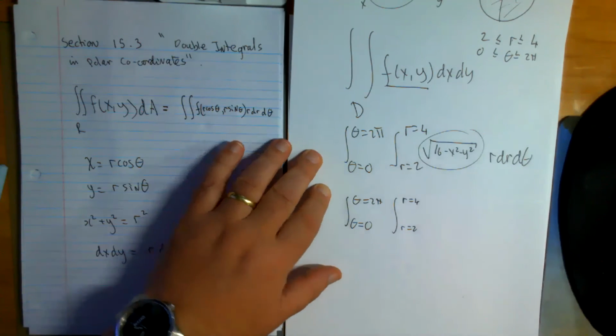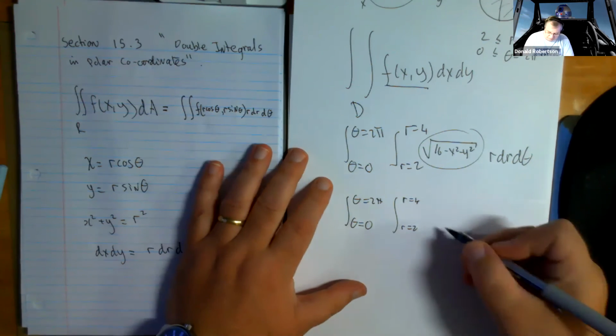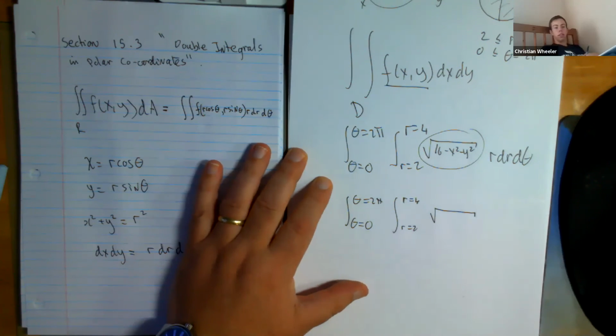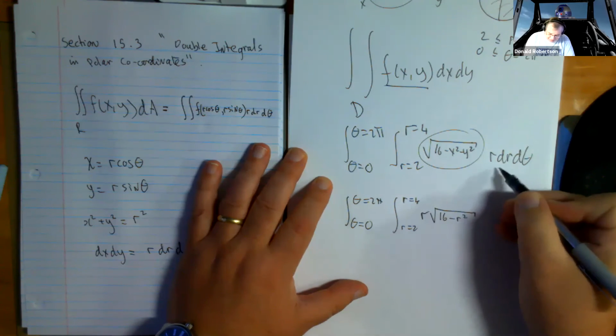Doesn't this need to be in terms of r and theta? How could you write that down in terms of r? It'd be 16 minus r squared, right? Yeah, and I'm going to stick this r at the front.